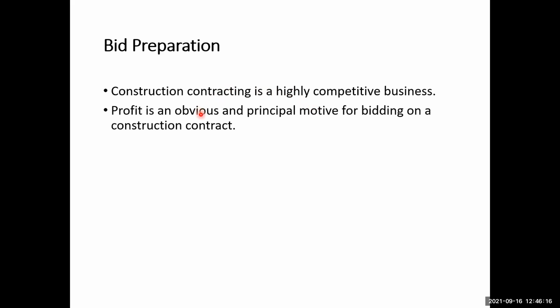Therefore, you should plan the bidding process in a correct manner, so that your estimates and your profit estimates are correct, and this will also not increase your bidding price excessively high. Therefore, you have to consider both aspects: the competitive nature of the project and the desired profit in the project.